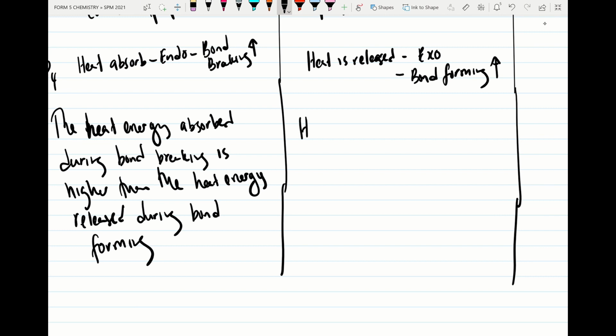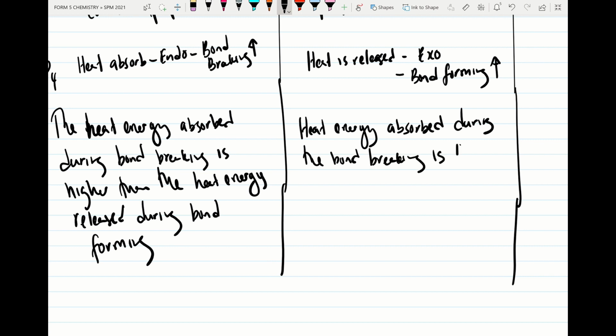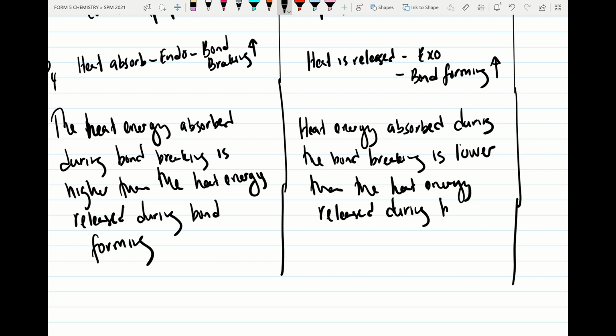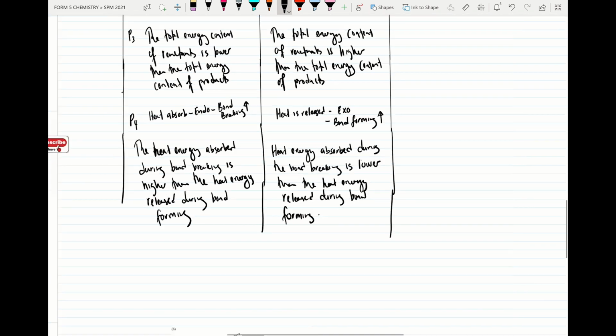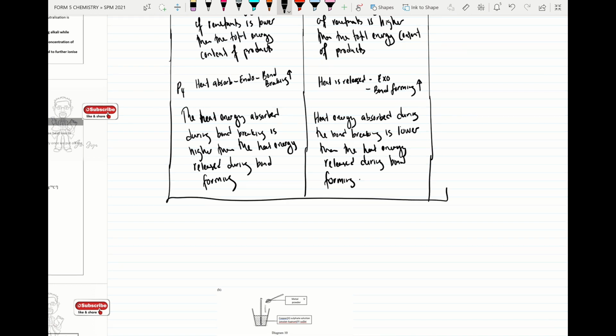The heat energy absorbed during the bond breaking is lower than the heat energy released during bond forming. All right, so these are the answers that students should write in the exam.